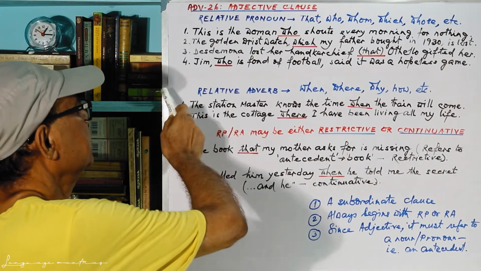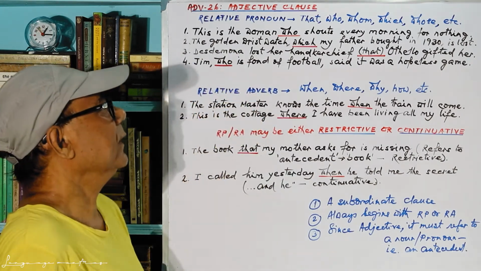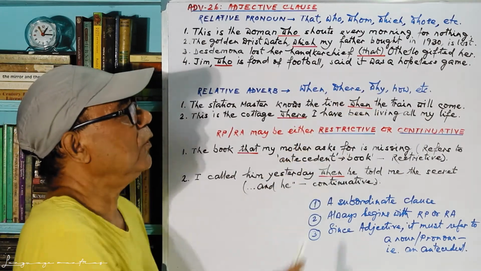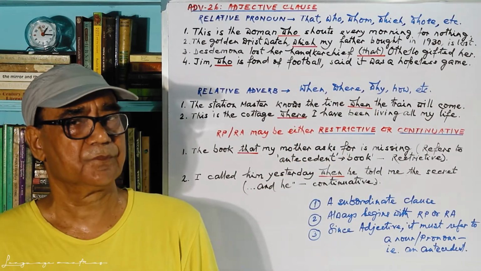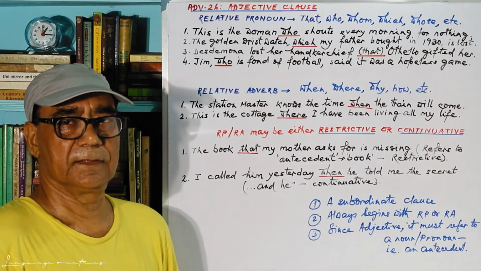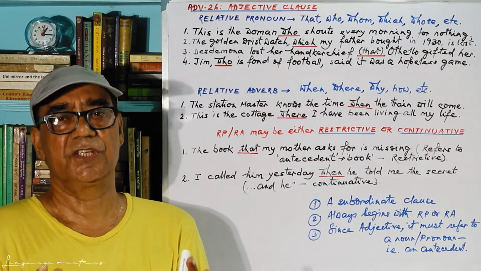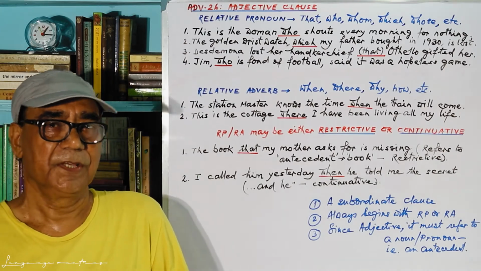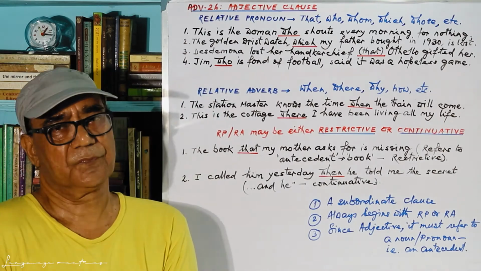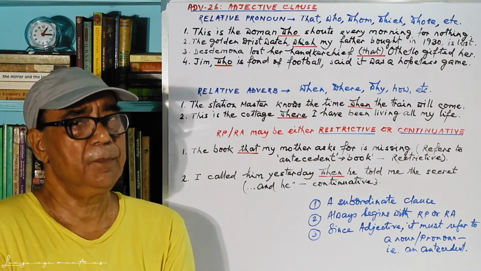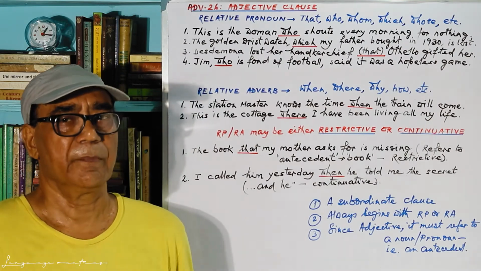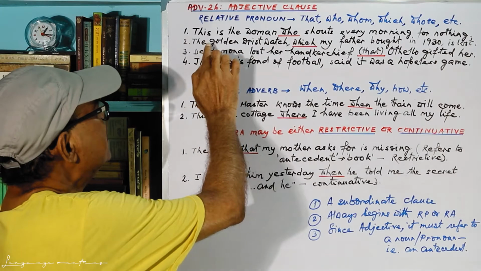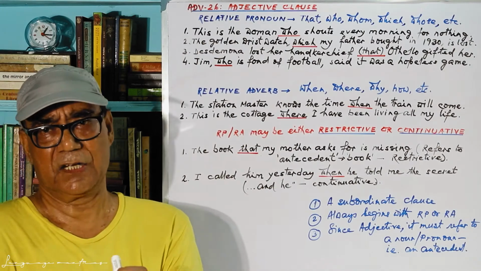Example number one. This is the woman who shouts every morning for nothing. This is the woman. This is a sentence. This is the principal clause. It has a subject. It has a verb part. But in spite of the fulfillment of grammatical requirements, this sentence seems to be a little incomplete.